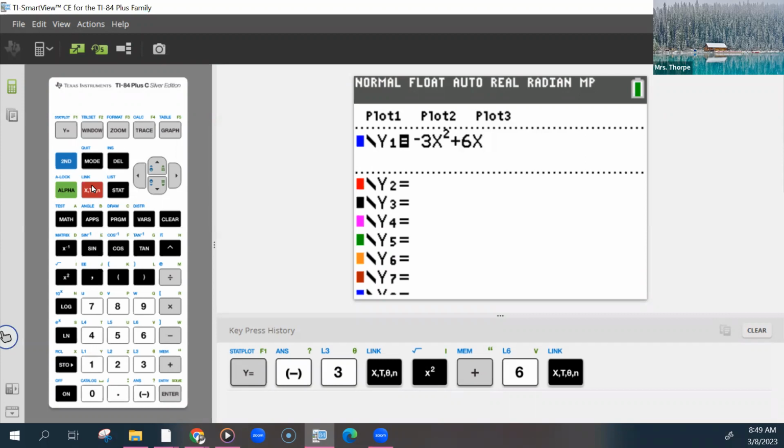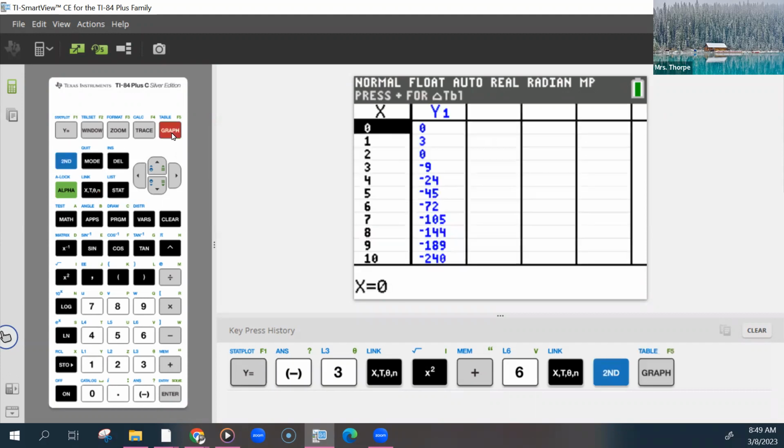Taylor, which one do you want to grab? Okay, so second graph will get you into the table. We're looking for where the y values repeat in the middle of those. Where's the middle? 1 and 2, 1, 3.